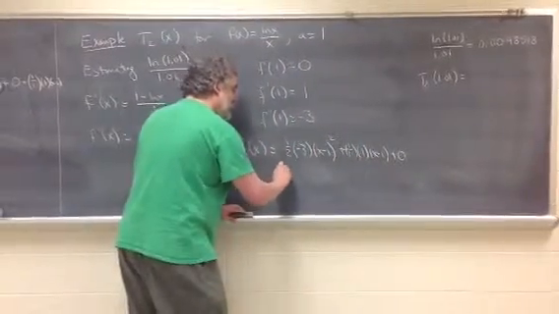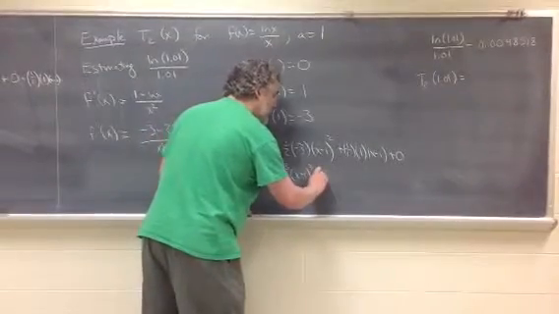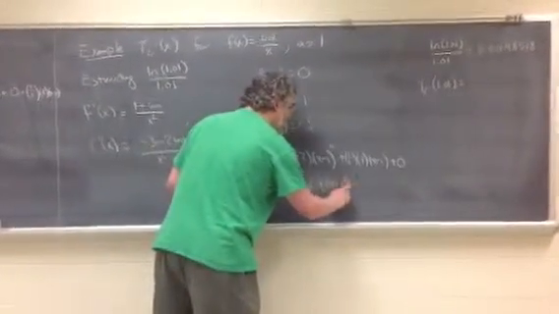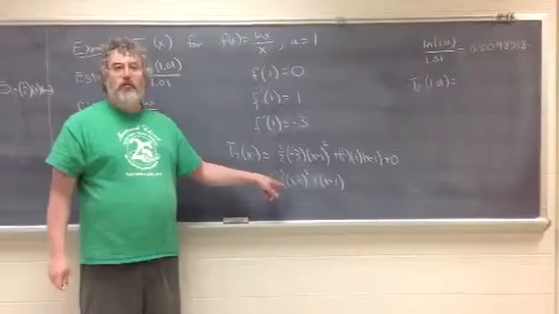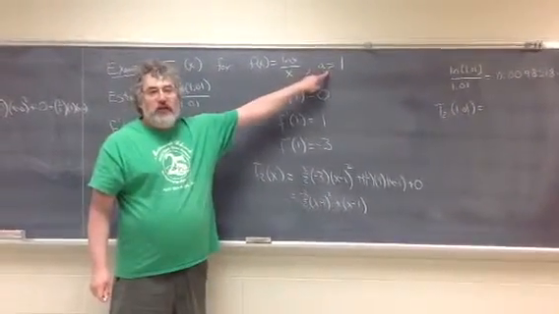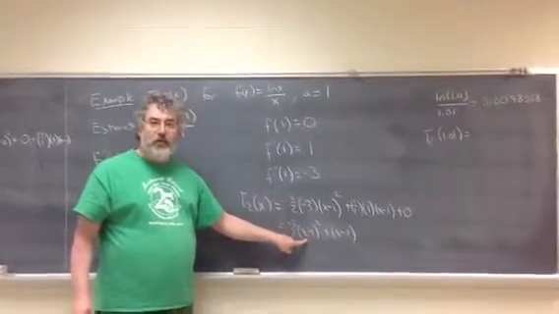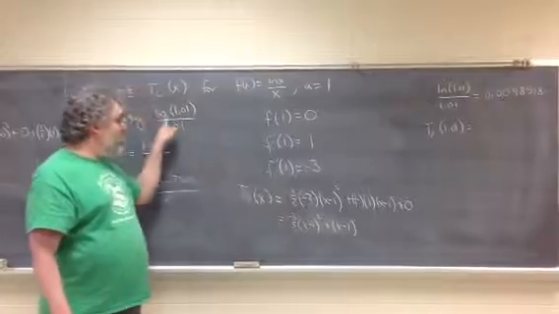Let me rewrite that. Notice I don't multiply this out. This is a Taylor polynomial around a equals 1. That means all of the terms have to be (x minus 1) here. Now let's plug in our 1.01 here.